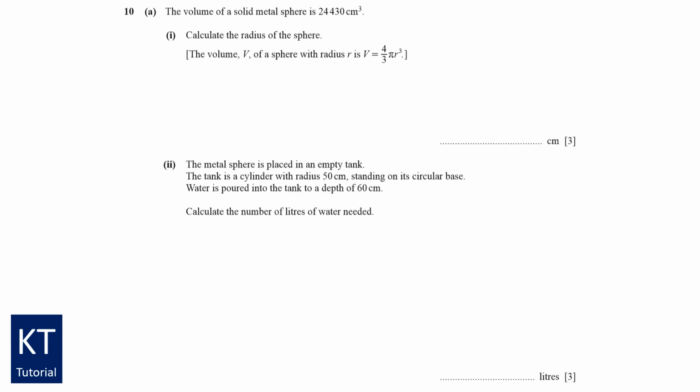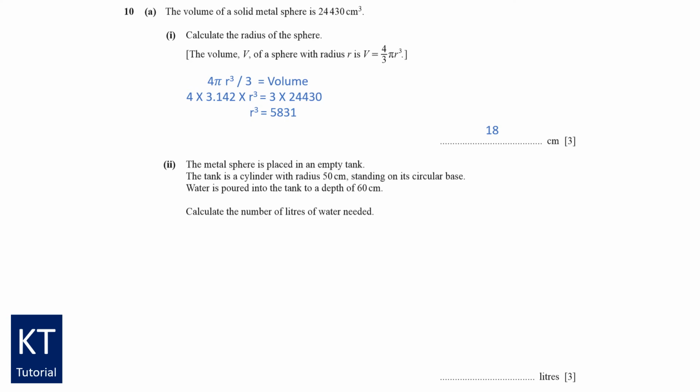Question 10a. The volume of a solid metal sphere is 24,430 centimeters cubed. Calculate the radius of the sphere. By applying the given parameters into the given formula, we can identify the value of r. Next, the metal sphere is placed in an empty tank. The tank is a cylinder with radius 50 cm standing on its circular base.